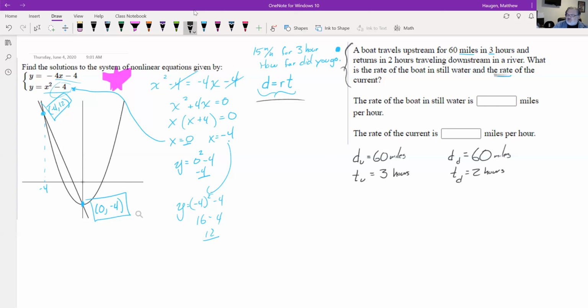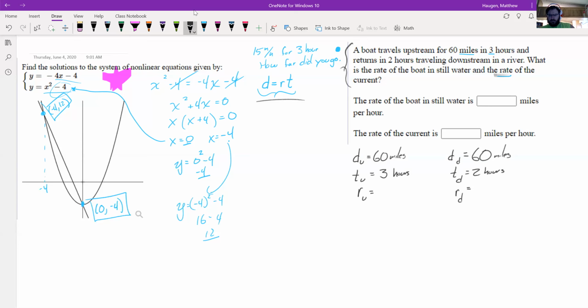And we're asked what those rates are. So the rate upstream and the rate downstream. Well, the nice thing is we know those rates, right? Pretty easy.